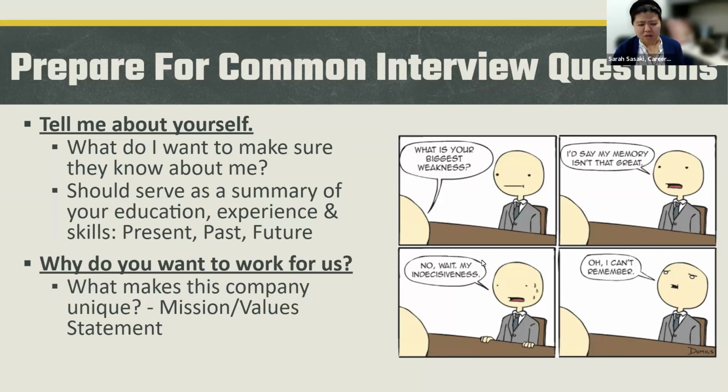And then, why do you want to work for us? Again, we want to stay away from the typical, oh, it's aligned with my major, or I like the work you do. Those are extremely valid responses, and you can still bring them up. But we do want to help you stand out as much as we can.